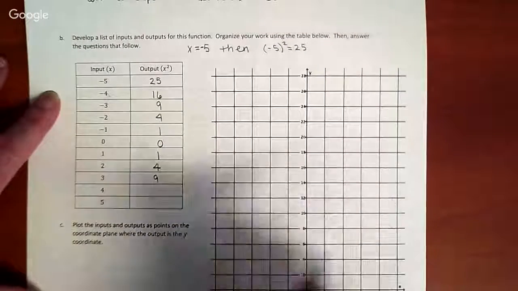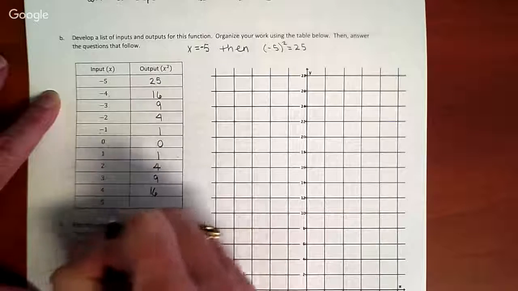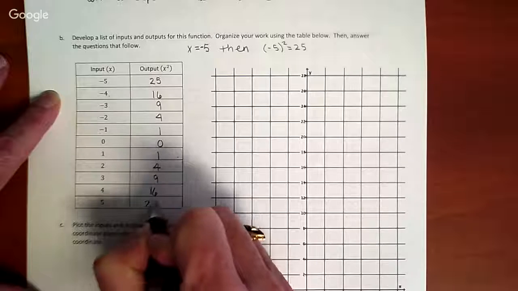And let me move this up so that we can all see. 4 squared is 16. And 5 squared is 25.